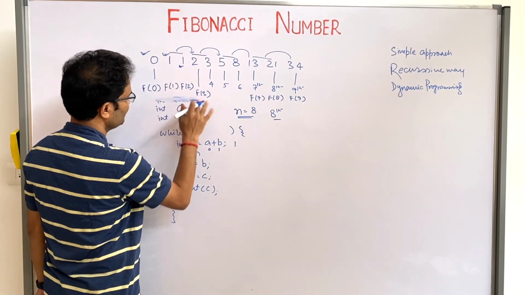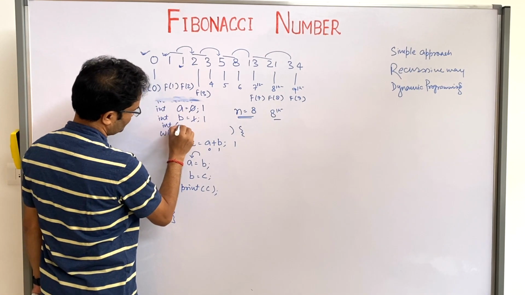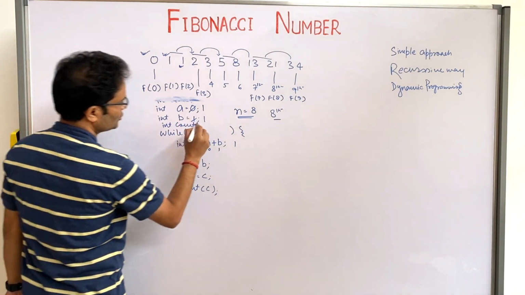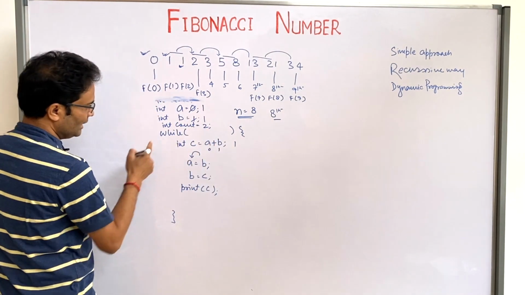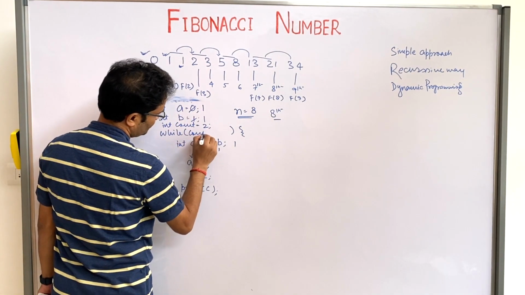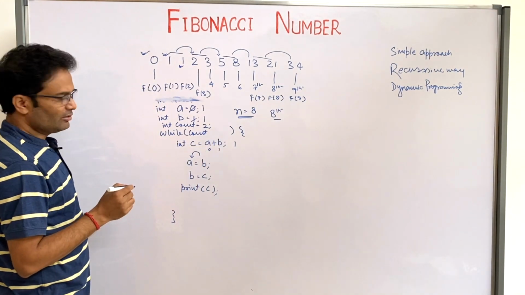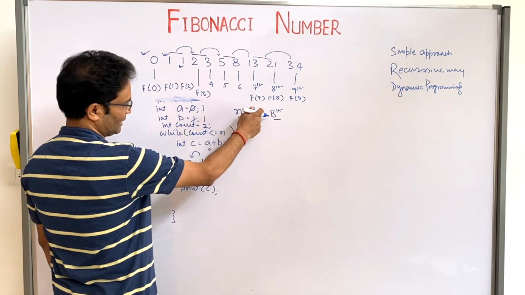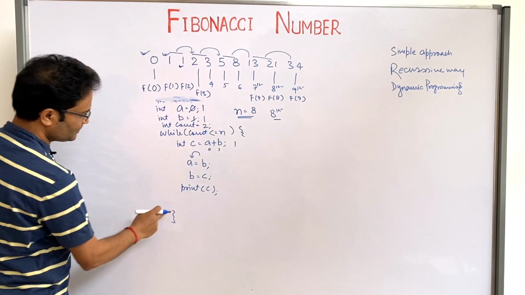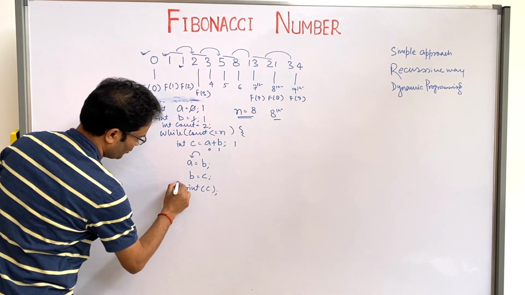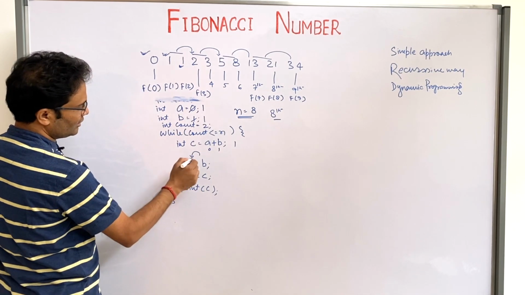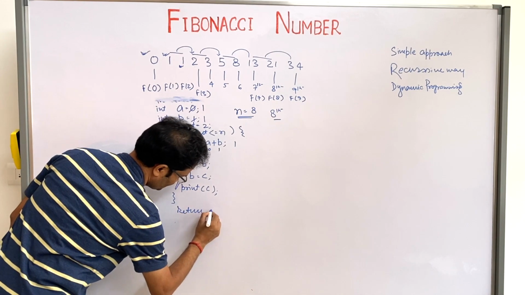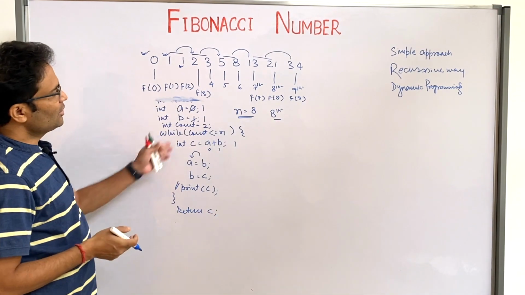Since you have already printed the first two, start the counter at 2, and in the while loop you have to run this program till counter is less than or equal to n, because I want to go up to n. And then finally, whether you want to print or not, your last number is in C, so return C. This is how you can get this.